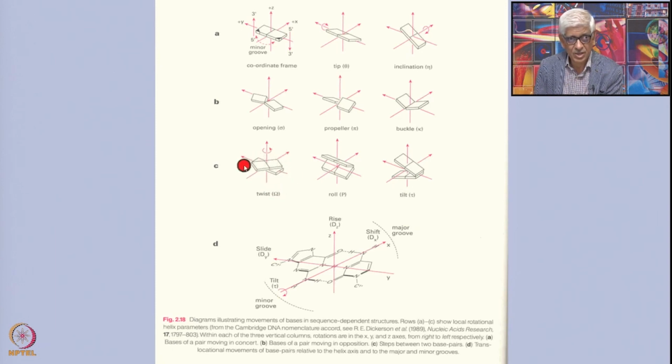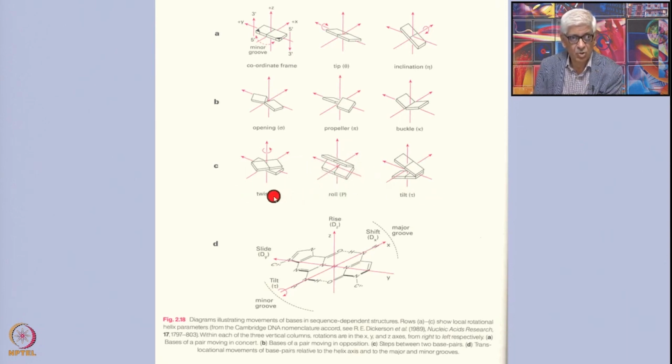Therefore they are not exactly sitting on top of each other, but slightly displaced with respect to each other, their planes, okay. Now, if they are angled like this, then the difference is called the roll; this angle is called the twist, this angle is called the roll, and this angle is called the tilt. So you differentiate these different parameters by different names.